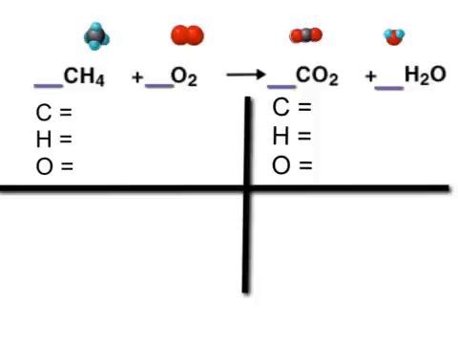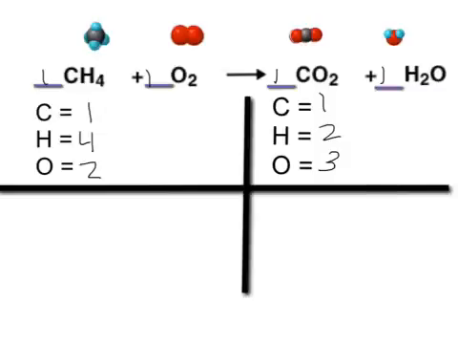So first you count the atoms. So again, there would be a 1 in front of each because there's no coefficient. So it would be 1, 4, and 2. And then 1, 2, and 3 because there's another O over here plus the 2 that are already there.